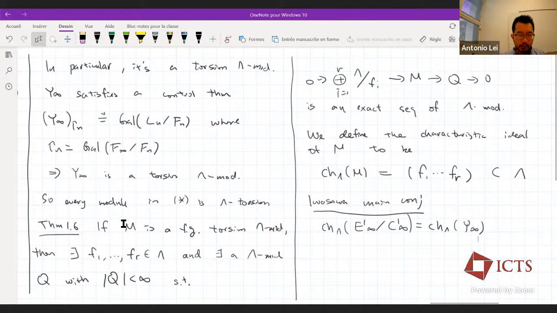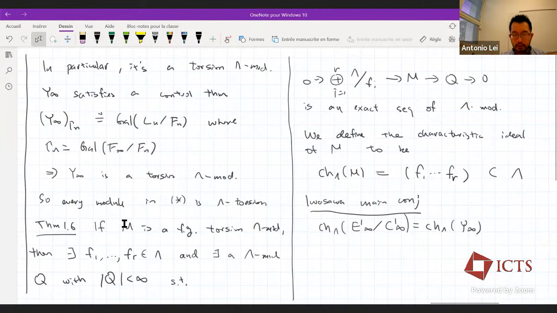So this is what I was trying to allude to earlier, that there should be a link between this module and this module in some way, just by looking at what happens over the finite levels. So somehow you can package all this information over finite levels together to give this statement.